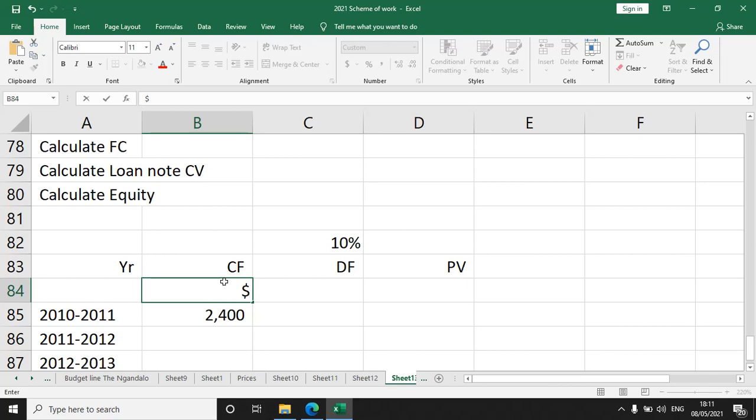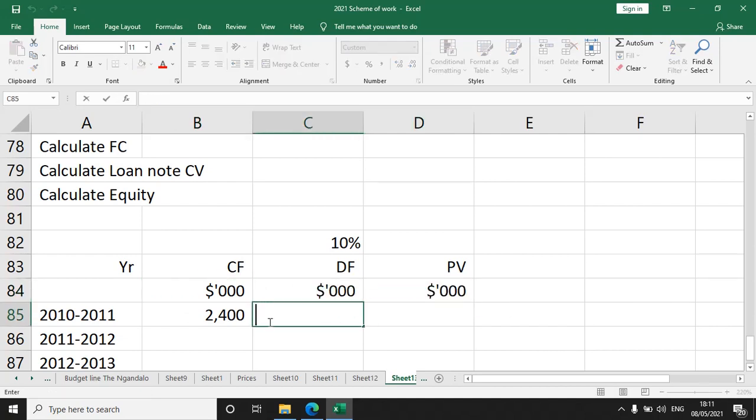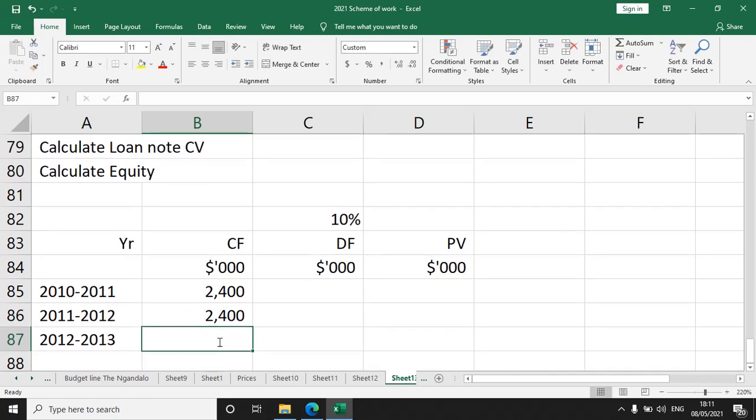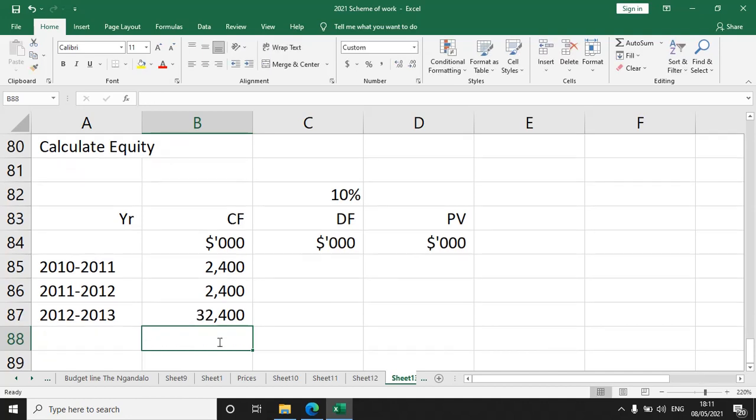In the other year as well, we're going to have the same 2.4, but in the last year we're likely to pay the 30 million back plus the same 2.4, so it will be 32,400.